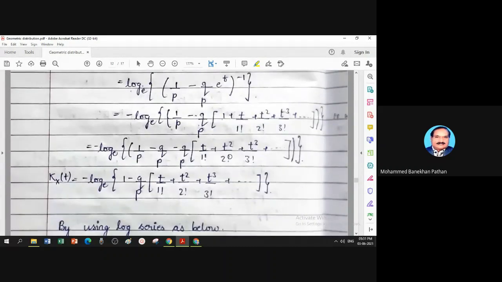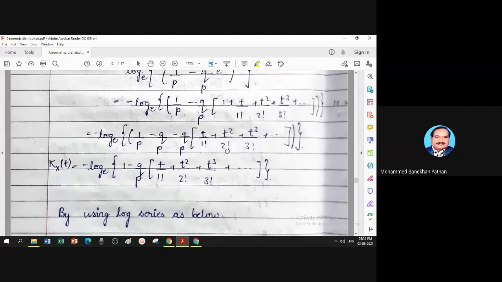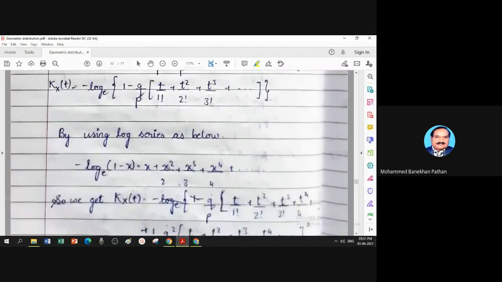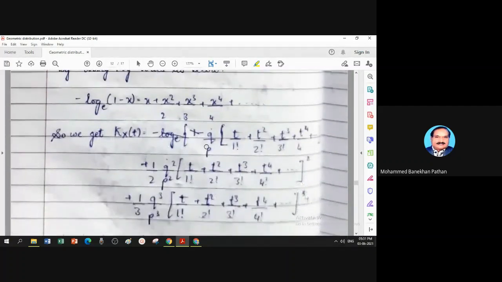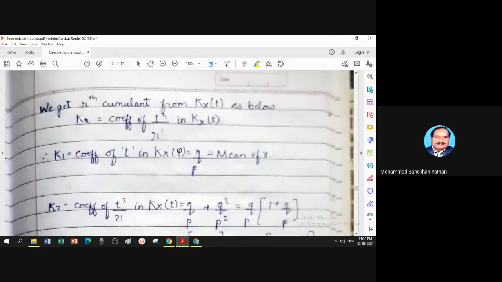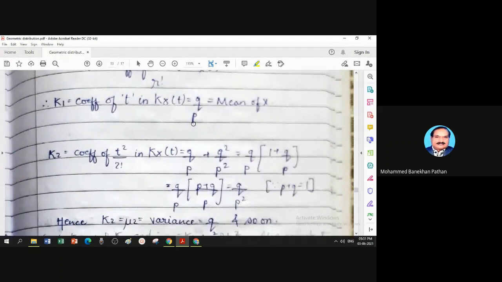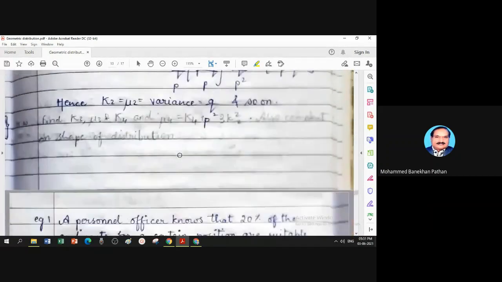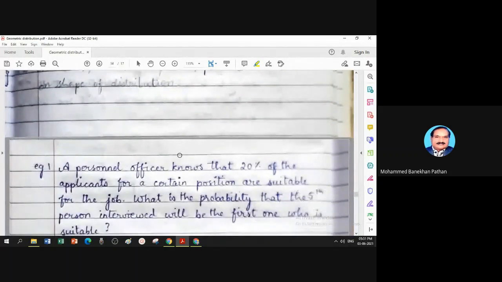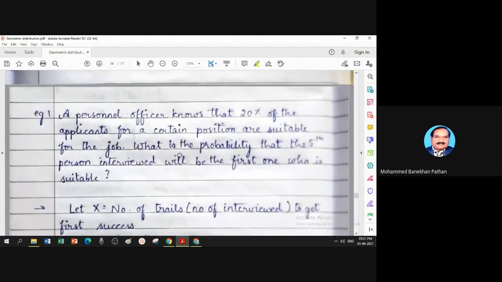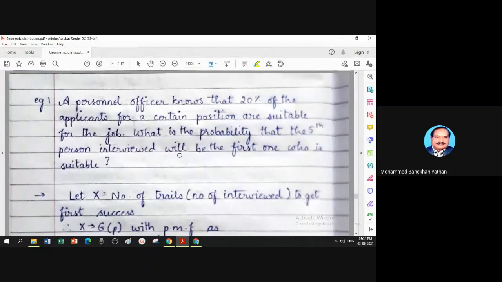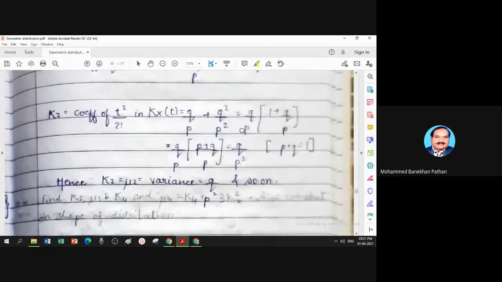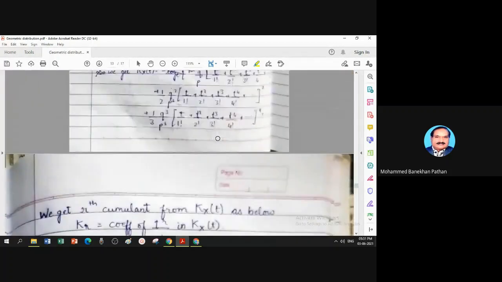Again, I think this was also explained by me by log series last time. We got K1, K2, and with the help of that, we can get K3 and K4. So we did this last time.